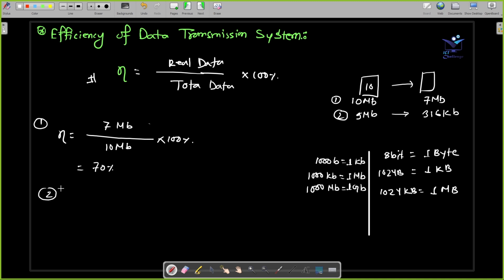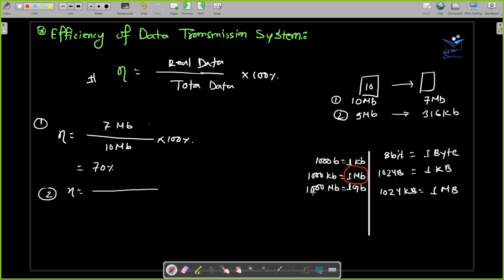So eta is equal to, here the total data is 5 Mb. We have to convert it into bits. So we have 5 Mb, and we have to go to the bit unit.